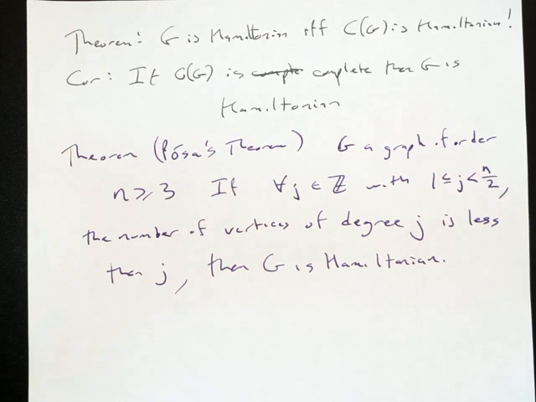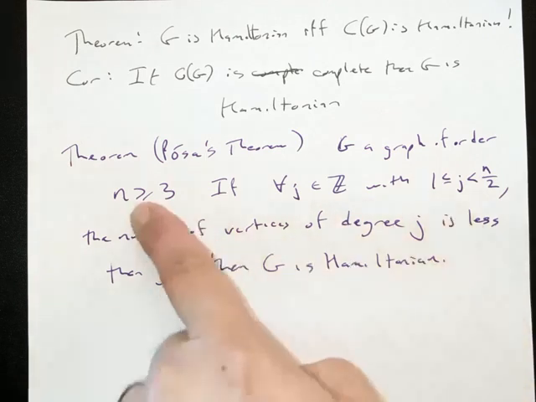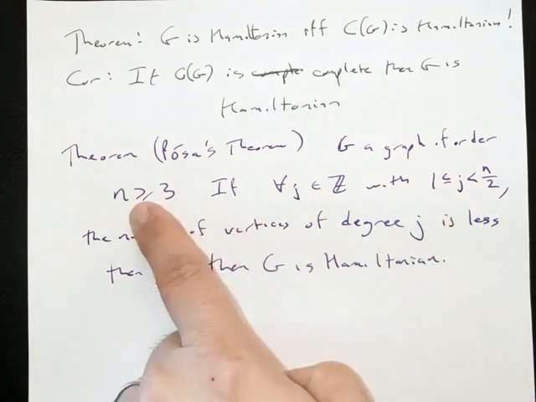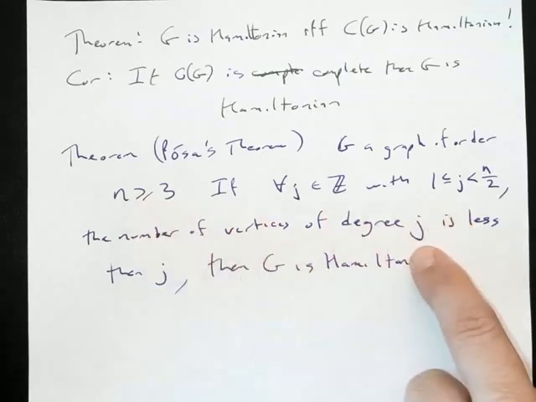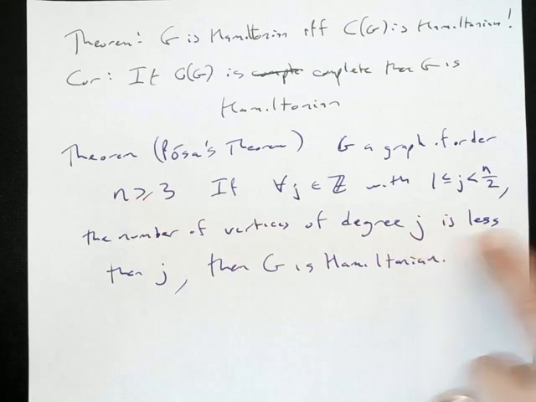How many vertices of degree 1 can I have? If my graph is of order at least 3, the number of vertices of degree 1 must be less than 1 for my graph to be Hamiltonian. You can have no degree 1 vertices, which makes sense, right? Because if you have a degree 1 vertex, you go across that, you come back, that's not a cycle anymore.